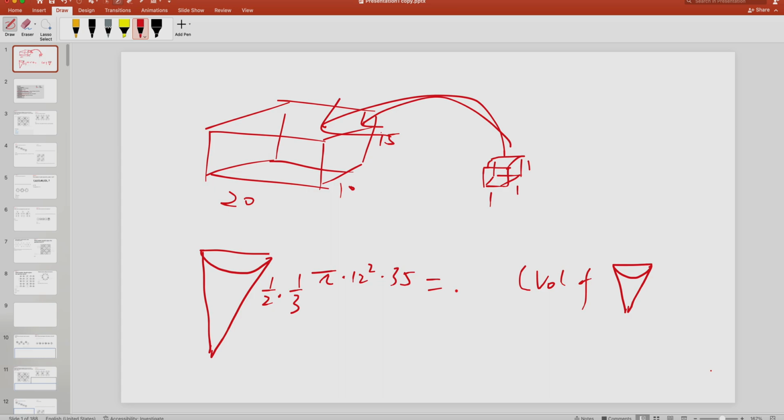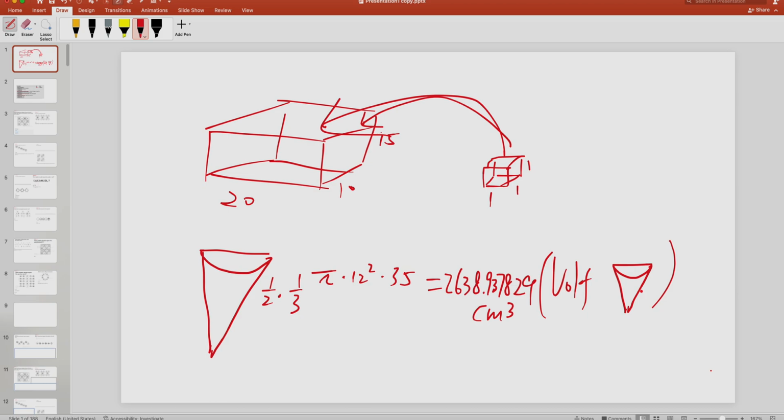Half times 1/3 times pi times 12 squared times 35. It's 26,... 38,... 937,829, is it? So this is my volume of this thing, right?